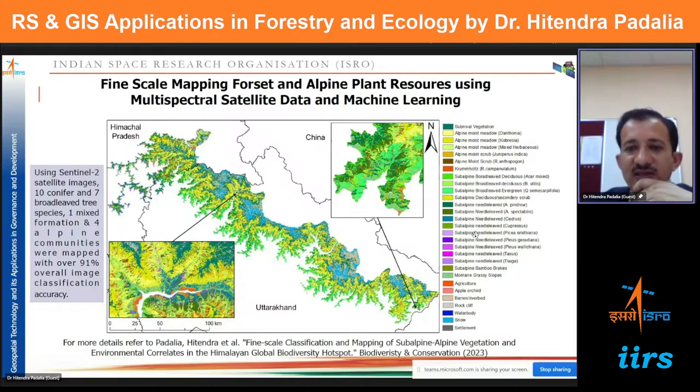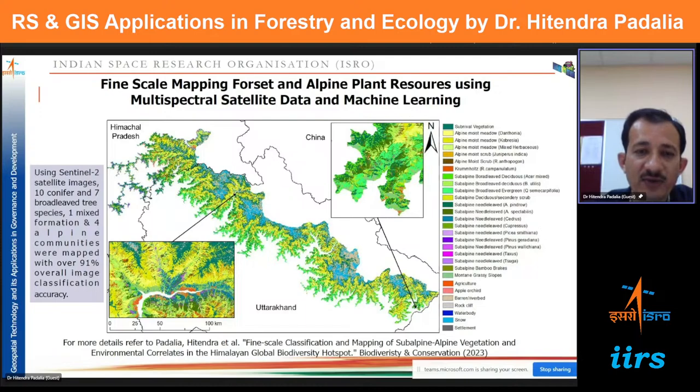this type of classification is very detailed, and this has been possible now because you have the flexibility of using freely available data from the Sentinel satellite series, and you have data consistency, so you can get almost the same or similar data for a large area. You also have access to machine learning techniques like random forest, support vector machines, or deep learning techniques, and access to cloud platforms like Google Earth Engine.